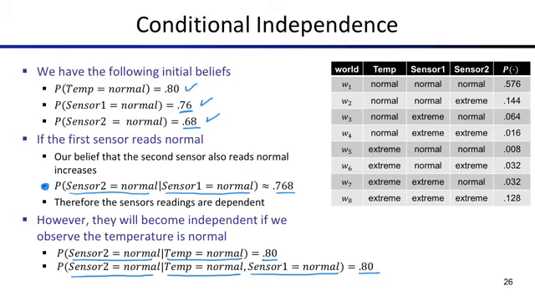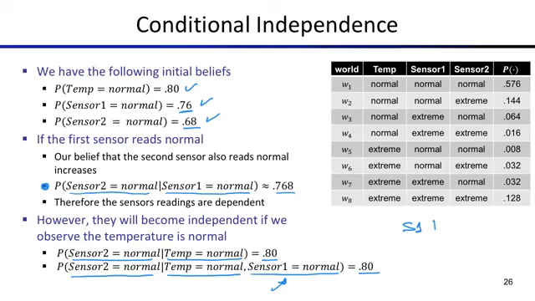It didn't change anything. So the explanation here is that temperature being normal is enough information for us to figure out the probability of sensor 2 being normal. And sensor 1 being normal, this extra information, does not change our belief, does not add value to what we already knew. So it continues to be 0.8. So we say that sensor 2 is not independent of sensor 1. So we have sensor 1 and sensor 2.